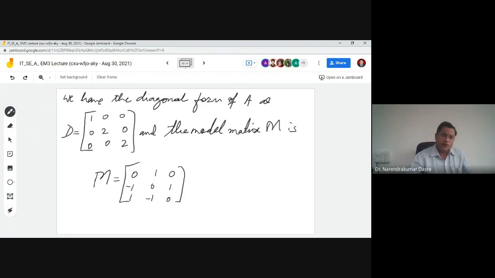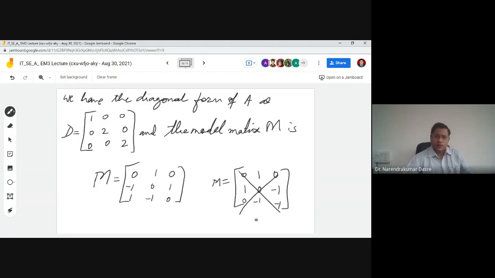If you write the matrix M like this, okay, so I am changing the order now. 0, 1, 0, 1, 0, minus 1, and then this is 0, minus 1, 1. Okay, so this matrix is wrong.